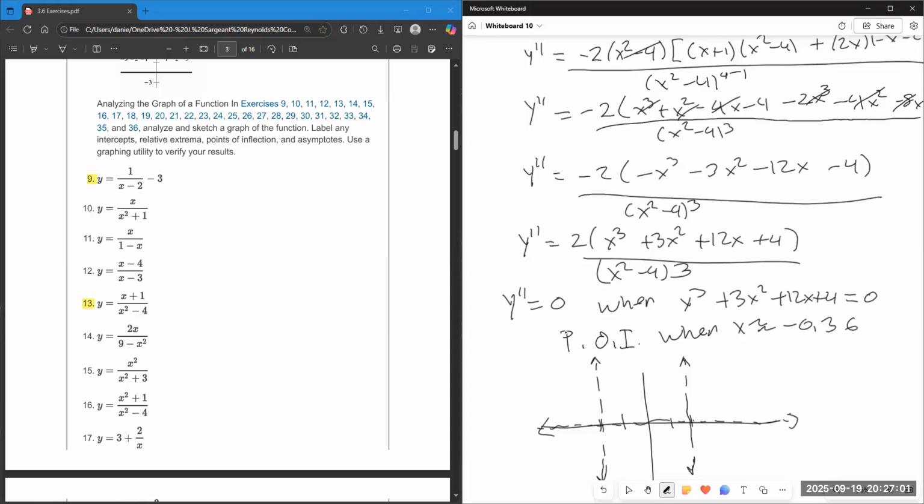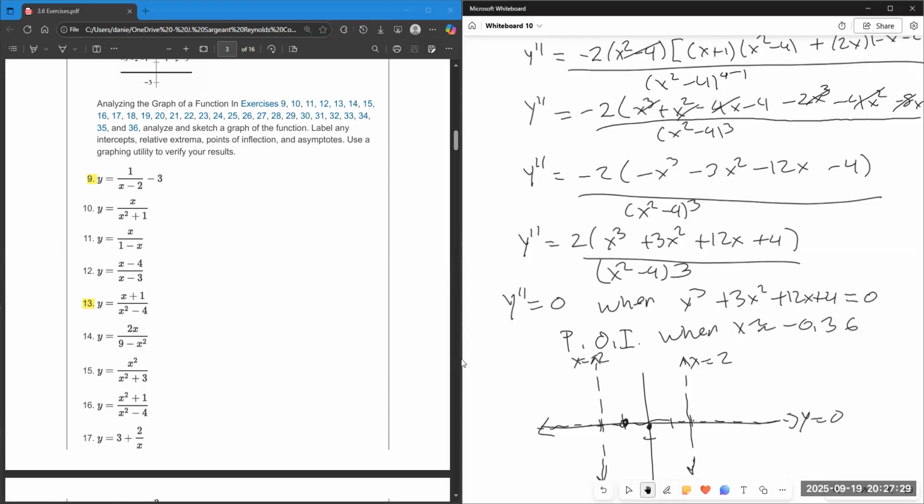So y equals 0, x equals 2, x equals -2, x-intercept at (-1, 0), y-intercept at (0, -1/4).